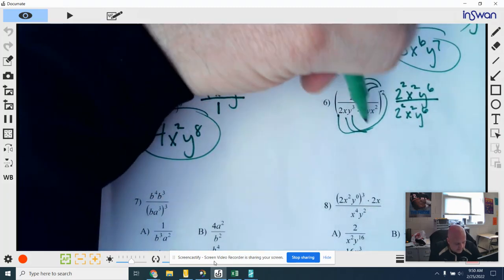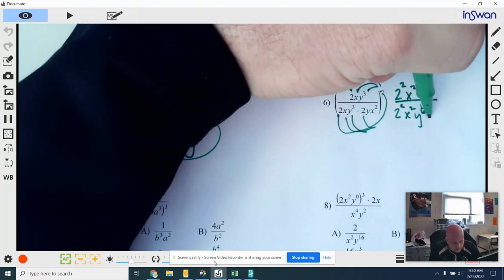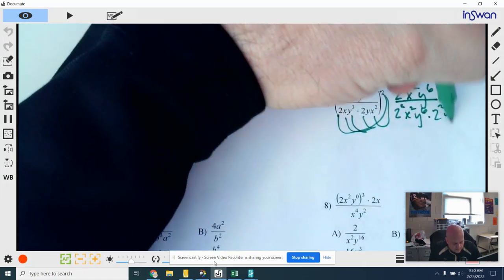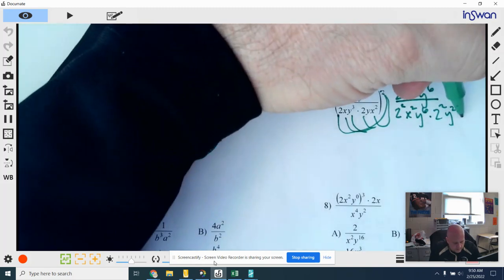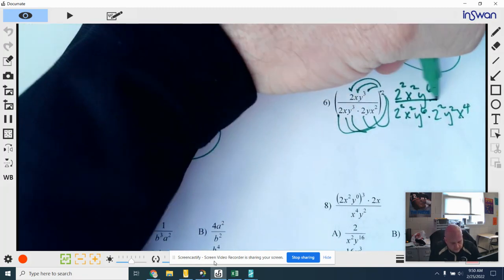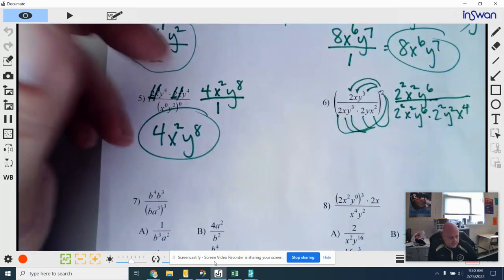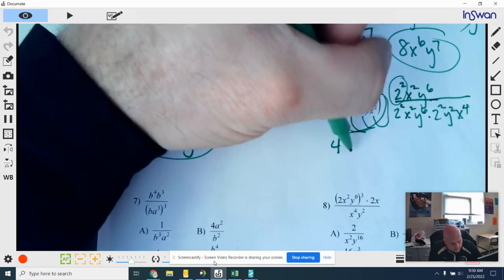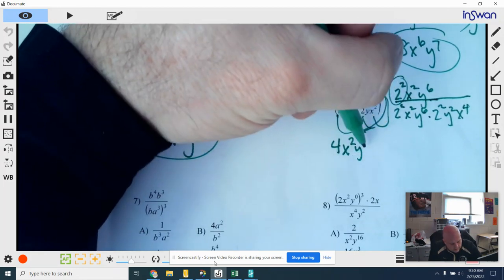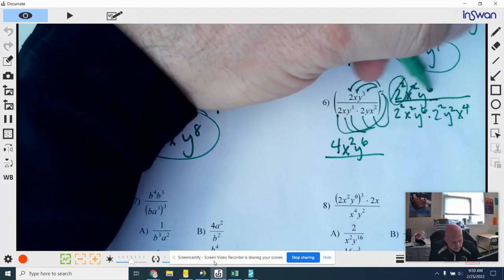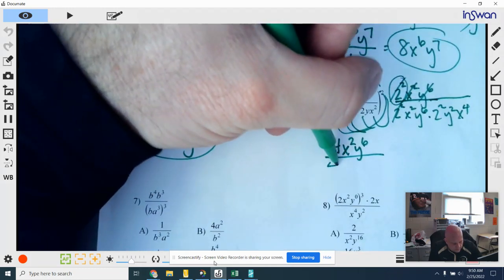Okay, and then coming over here, we got times 2 squared. And then we have y squared. And then we have x to the 4th. All right, so I need to go ahead and simplify this further. 2 squared, I know, is 2 times 2 is 4. So I'm left with 4x squared y to the 6th. Okay, on the bottom, so I use those. 2 squared again is 4.